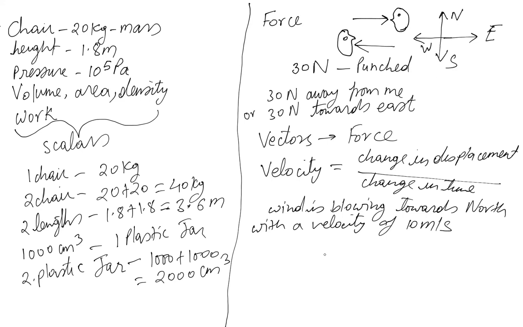And to understand this, let's say you're driving a truck and you're going towards east, and you have a flag that is fluttering on top of the truck. You might have observed that if there's a wind which is blowing towards the north direction, you will see that the flag flutters like this.